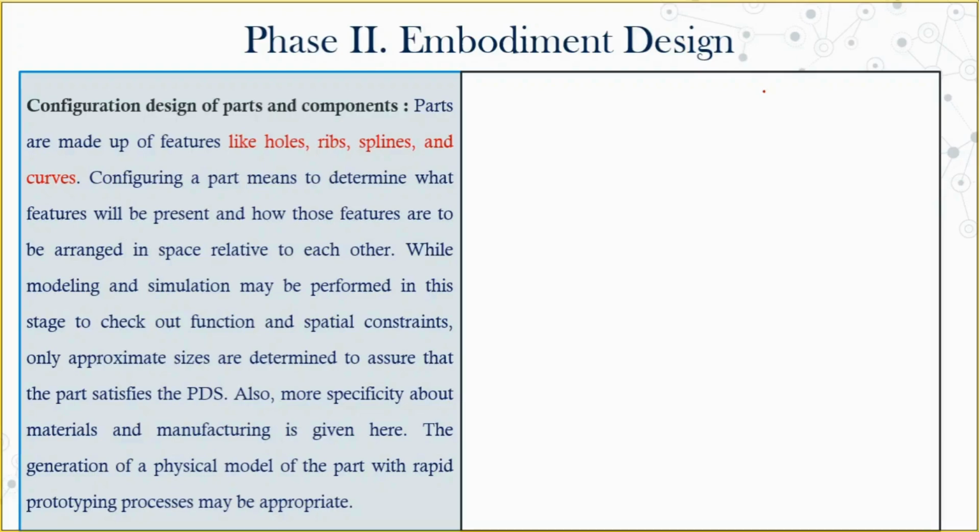Once we have finalized the product architecture, we move ahead with the next step, that is configuration design. Here you talk about holes, ribs, splines, curves, right. If you want to design any product, you can check whether standard components or special components are required, and whether there are assemblies and sub-assemblies.